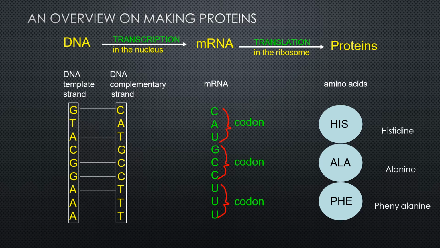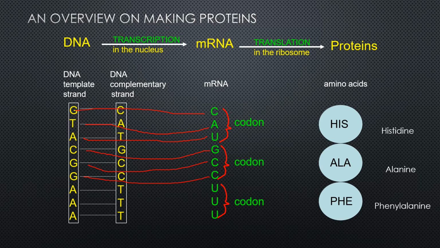And what happens is we then create a strand of messenger RNA that is complementary to our DNA template. So we have our C that lines up with our G, our adenine that lines up with our T, and remember, we don't have T's, so we have a uracil that lines up with our adenine, again our guanine with our cytosine, our cytosine with our guanine, and again with our guanine.